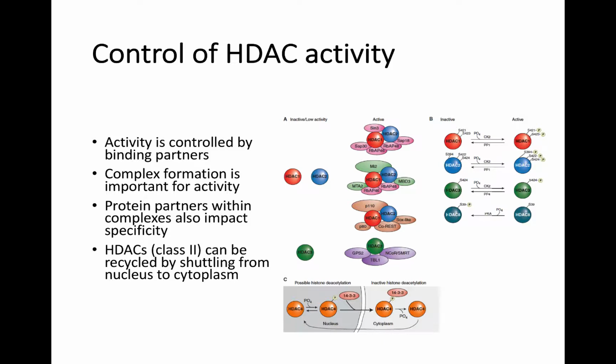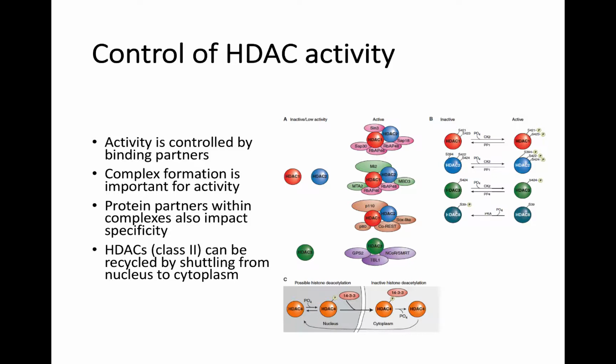HDAC activity in most cases is impacted by its protein binding partners, and the formation of large HDAC complexes is important for activity. This is illustrated in the diagram to the right, where HDAC1, HDAC2, and HDAC3 have low activity when they're studied in isolation, but show high activity if they're together with their protein partners.